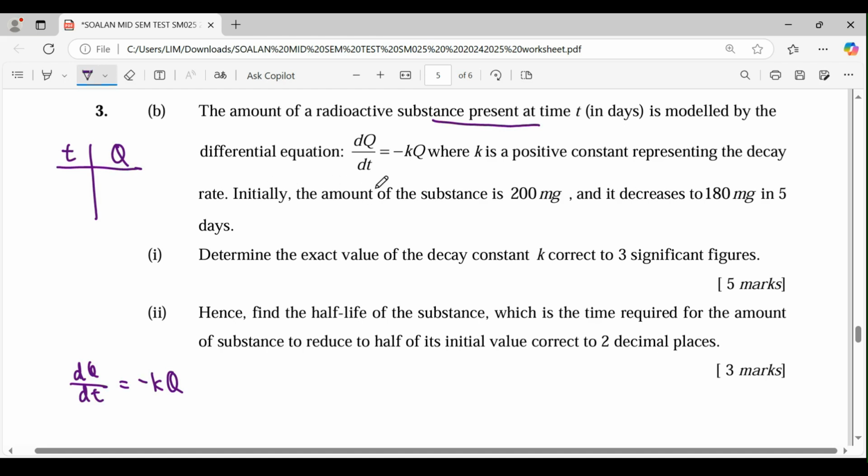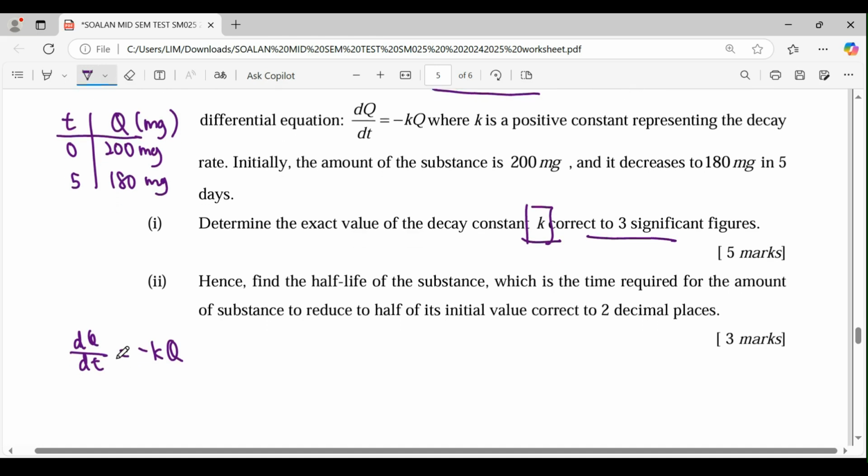Initially, meaning starting at t = 0, you have 200 milligrams. So your quantity here is in milligrams. And it decreased by 180 milligrams in 5 days. Then determine the exact value for the decay constant k, correct to 3 significant figures. Then find the half-life, correct to 2 decimal places.